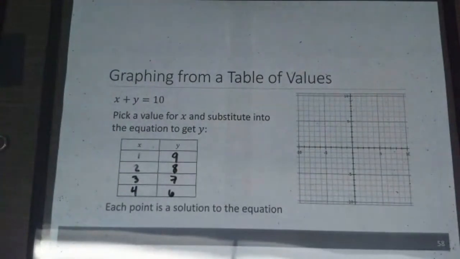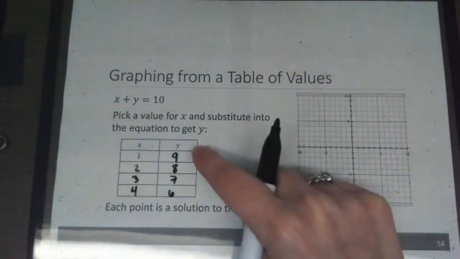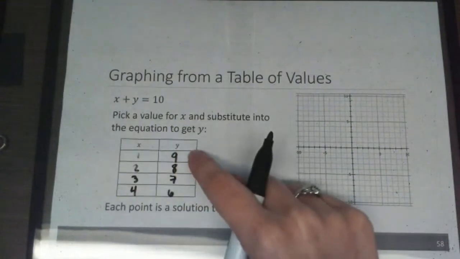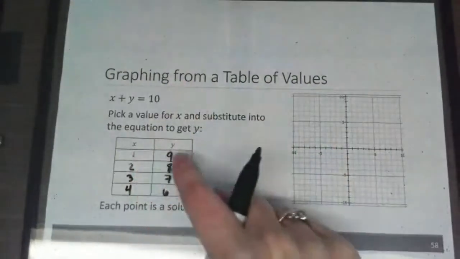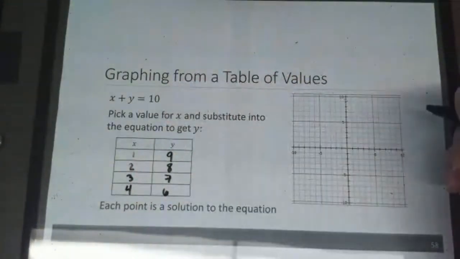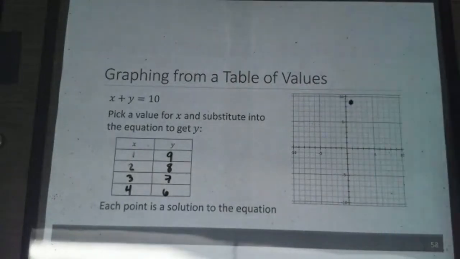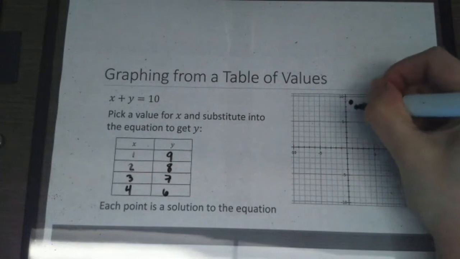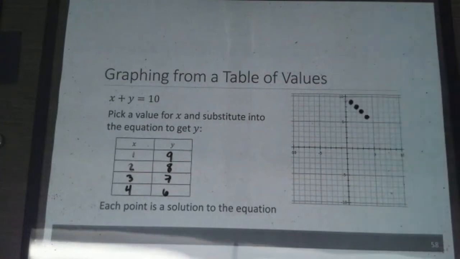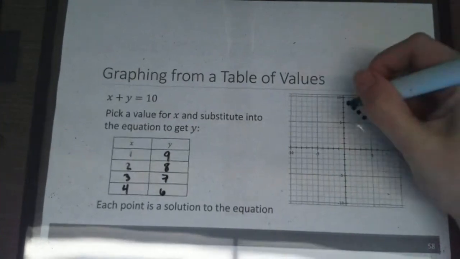Each point is a solution to the equation. So when x is 1 and y is 9, this is true. When x is 2 and y is 8, this is true. So I'm going to plot these points: 1, 9, 2, 8, 3, 7, 4, 6. And I bet you can see that pattern forms a line.